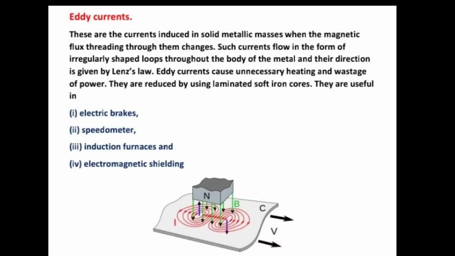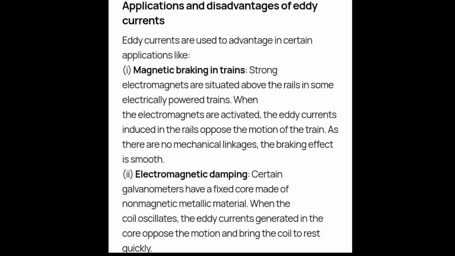Here Lenz's law is very useful to find the direction of the currents. Eddy currents also cause unnecessary heating and wastage of power, which are the disadvantages of eddy currents. Now we are going to discuss the various advantages, or how eddy currents are useful.